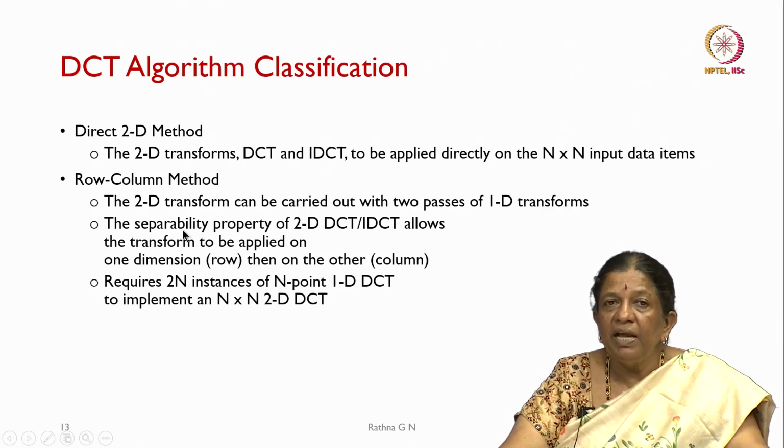We apply the separability property of 2D DCT and IDCT, which allows us to apply it in 1D fashion, that is, one dimension row and then the other column. This requires 2n instances of n point 1D DCT to implement an n by n 2D DCT, which is one of the advantages of using it.